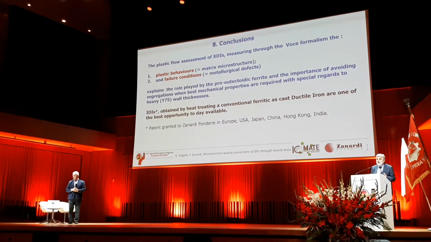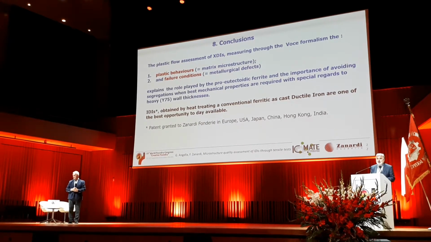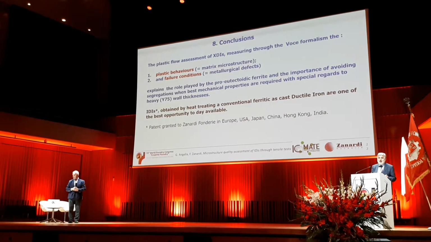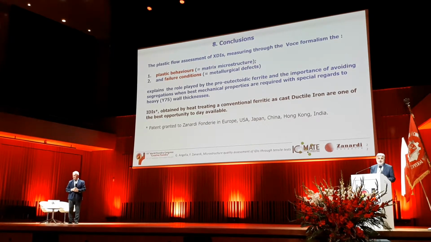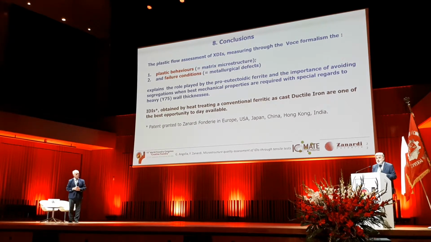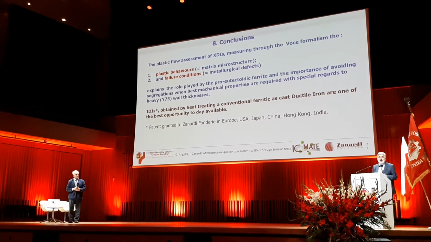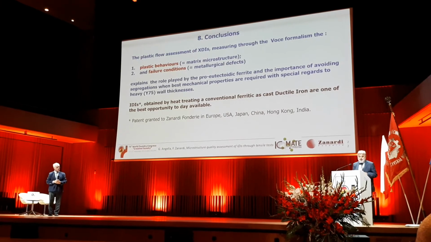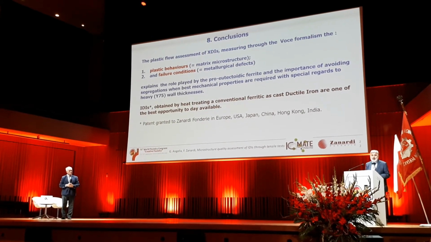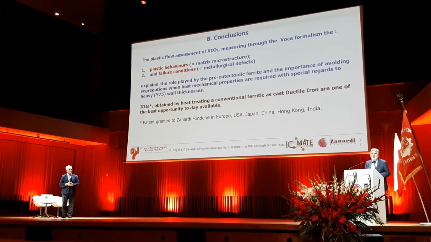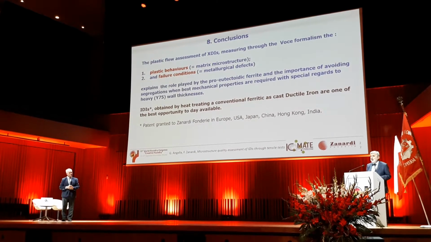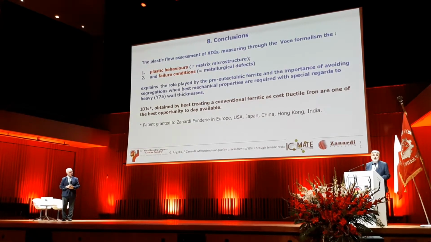Remember that to produce ADI you need very strong, robust furnaces, because you need a very strong quenching capacity, drasticity. Otherwise, stable austenite is not possible, and you have to add overalloy. While to produce this kind of material, the sole bath suitable for IDI production should be much more economic. And so the diffusion of this material could be much more intensive.